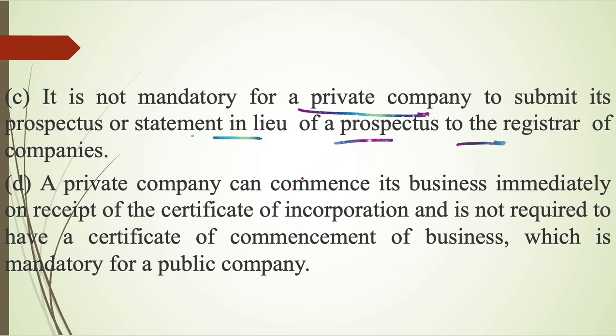And the last one related to formation is a private company can commence its business immediately on receipt of its certificate of incorporation and is not required to have a certificate of commencement of business, which is mandatory for a public company.